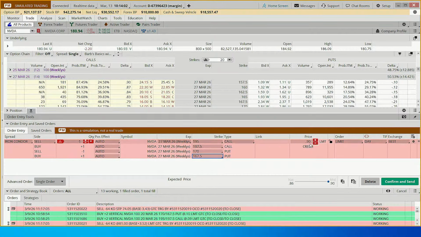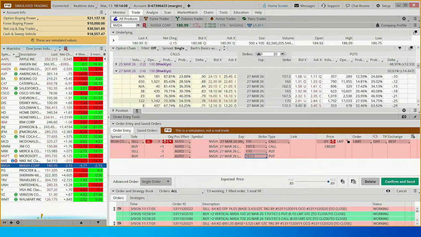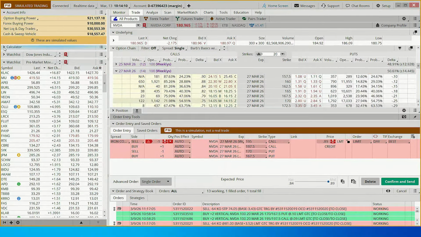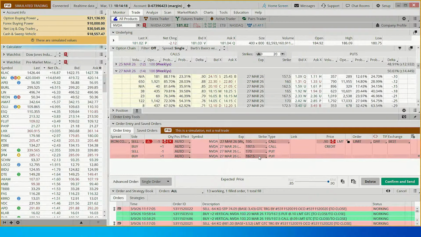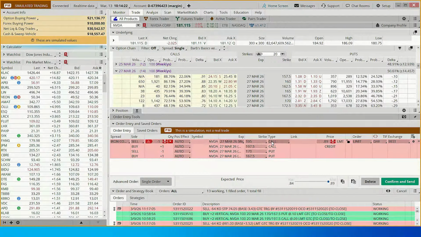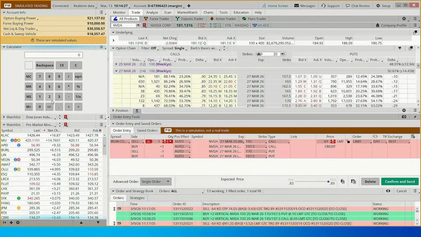So I'm getting 90 cents. Well, how much am I risking? I'm risking 250. And this is why a lot of people think iron condors are kind of delicious, because we do short put verticals or short call verticals, and we're just getting one credit. This way we're collecting a credit on the top side and a credit on the bottom side, on the call side and on the put side. And we're risking 250 in total.